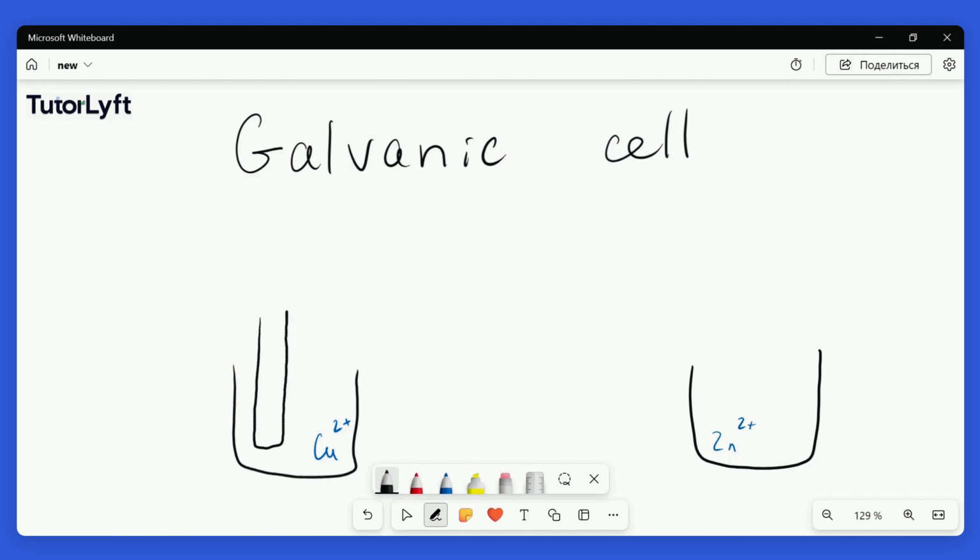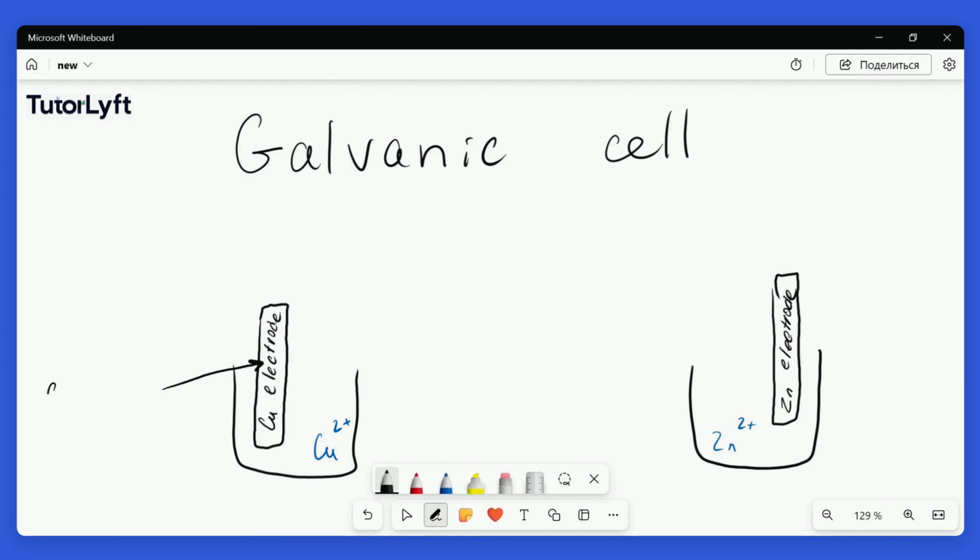Here is the electrode, and the electrode is called copper electrode. And of course, logically, we have another electrode, which is zinc electrode. On the copper electrode, the process of reduction is happening because the copper electrode is the cathode.